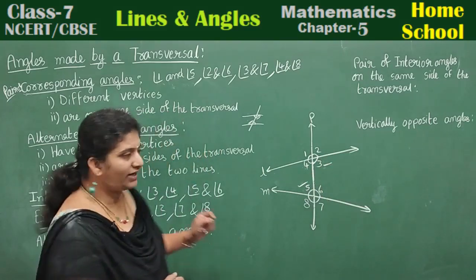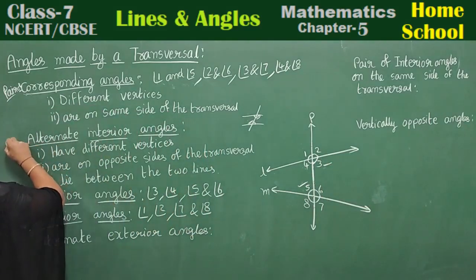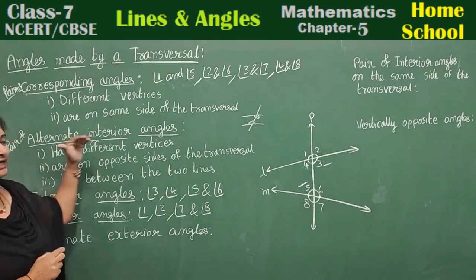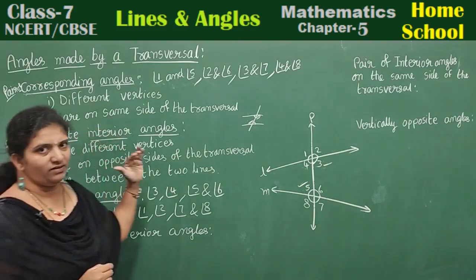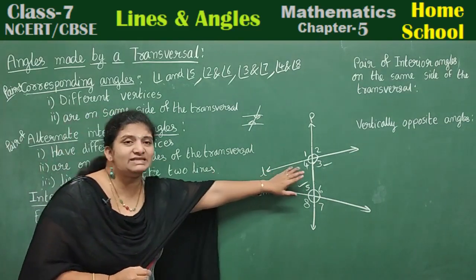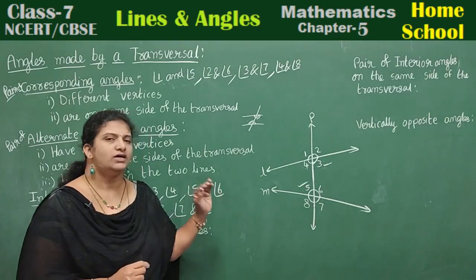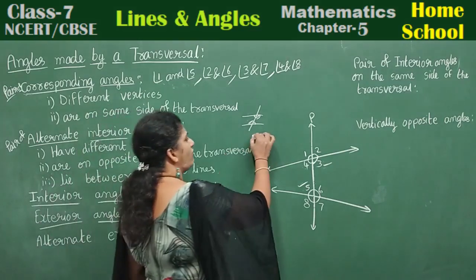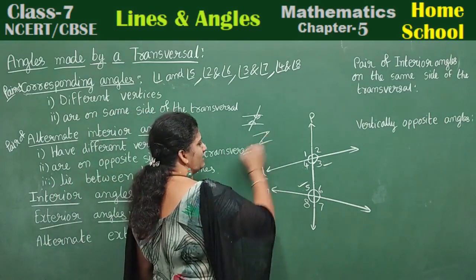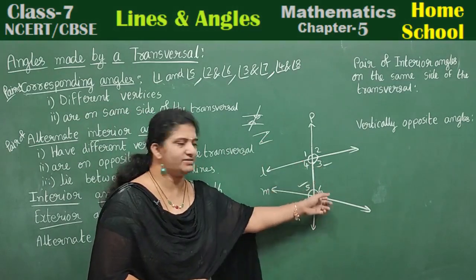Right? We are going to write now pair of alternate interior angles. Okay, these are inside, so we are calling alternate interior angles. Some people may remember it in the form of a Z shape, this angle, this, and this.